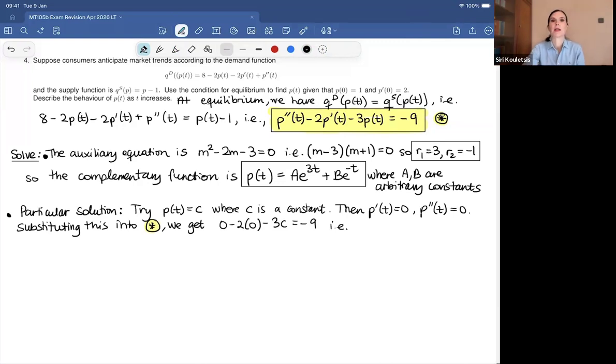Minus 3c is minus 9, so c equals 3, and therefore our function is P of t equals 3.